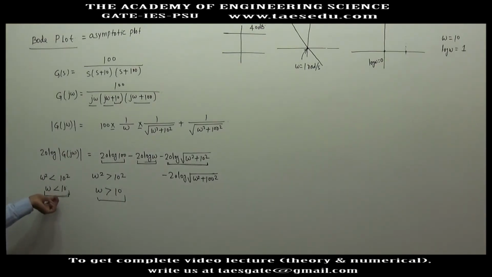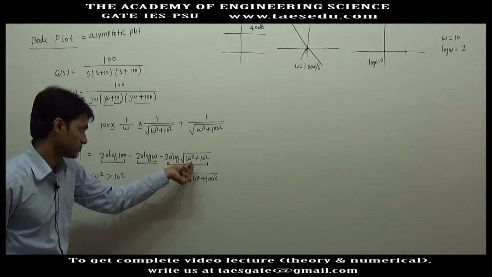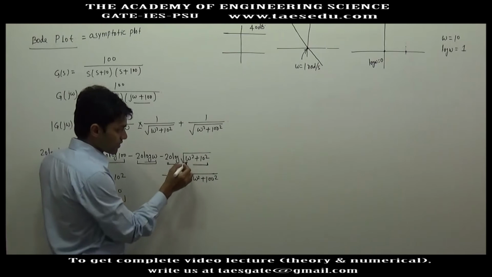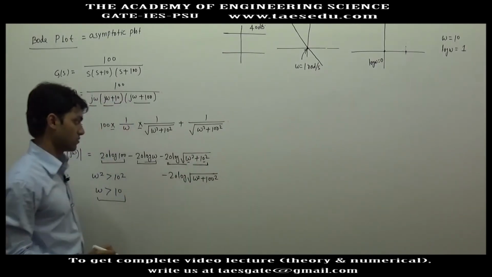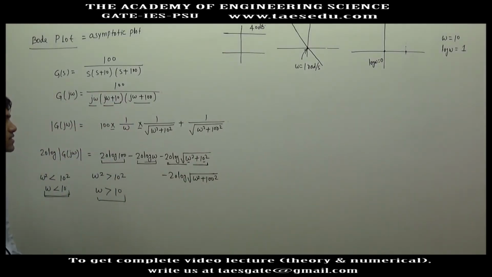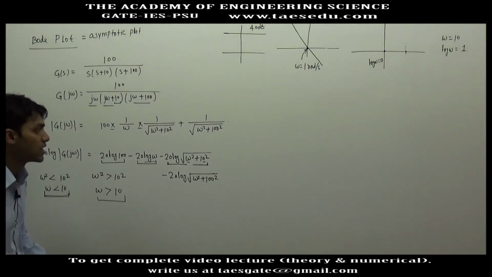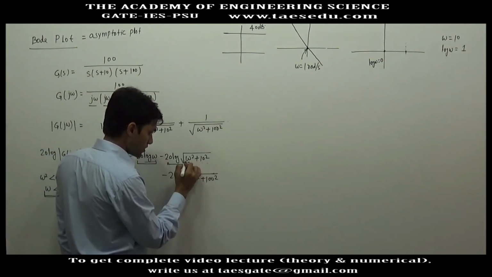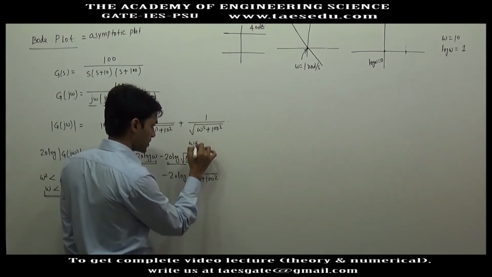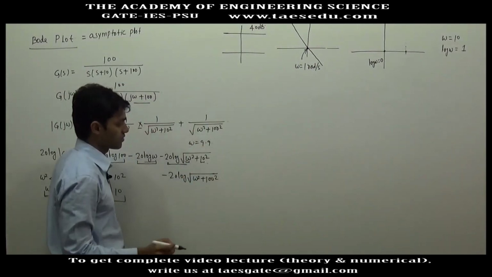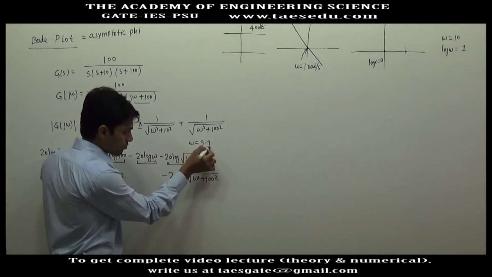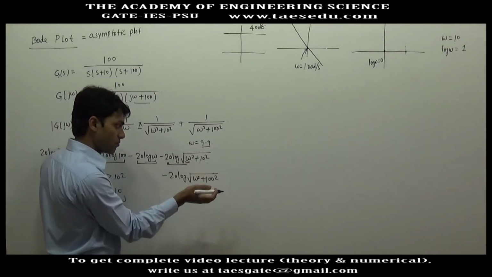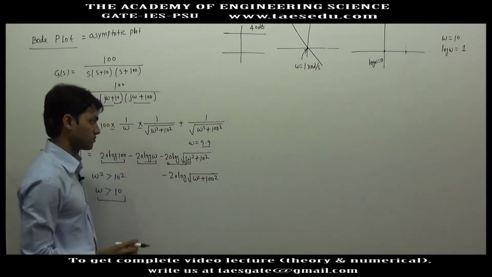So when you have this condition, what will you do? You have to neglect this quantity or that quantity. Which quantity will be neglected? The quantity which is lesser will be neglected. It doesn't matter how much less than 10 it is. Even if omega is equal to 9.9, although it is very close to 10, we will still neglect it.